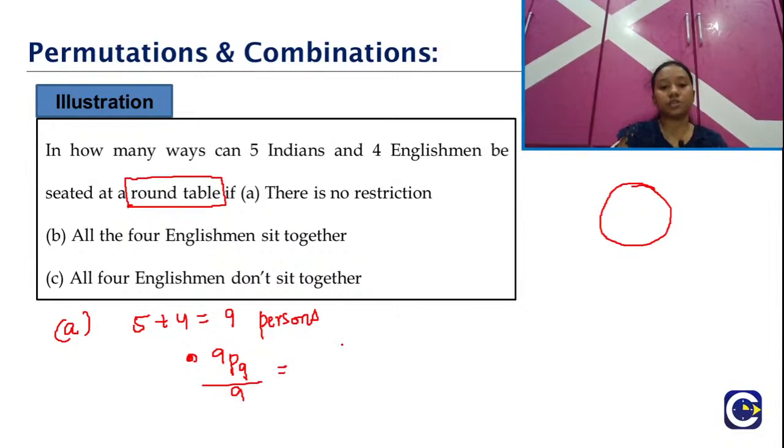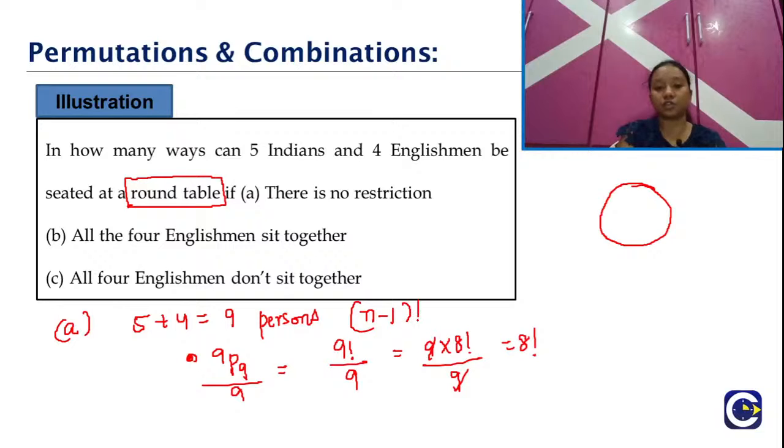So it will be 9P9 by 9, that is equal to 9 factorial by 9, which is 9 into 8 factorial by 9, equal to 8 factorial, which is nothing but our direct formula of circular permutation, (n minus 1) factorial. Here our n is 9 total persons, which implies 9 minus 1 factorial, equal to 8 factorial.